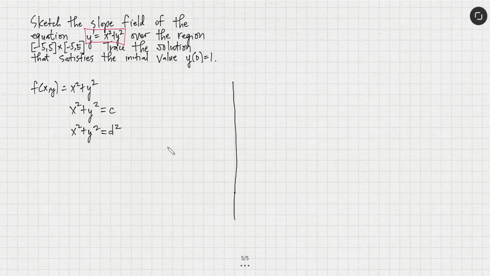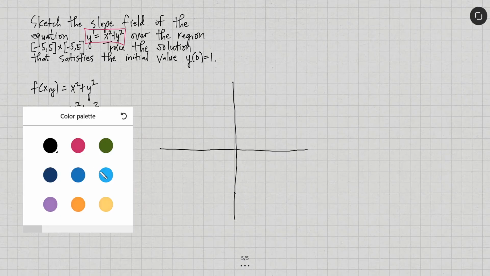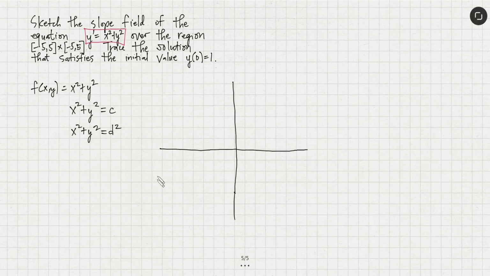Okay, so I hope madrawing natin yung mga circles ng maayos. Let's start with d squared equals 1. So when d squared is equal to 1, we have a circle of radius 1. Okay, so ito na nga ba yung sinasabi ko?